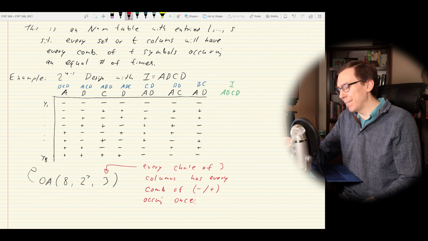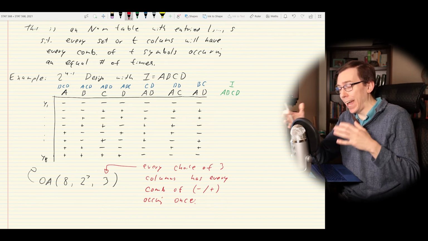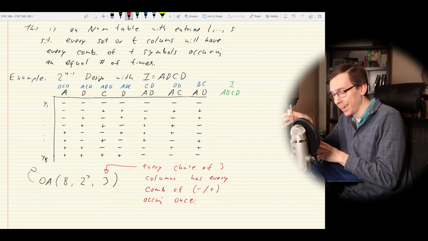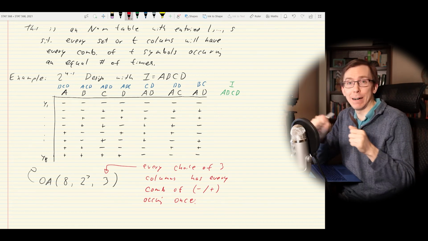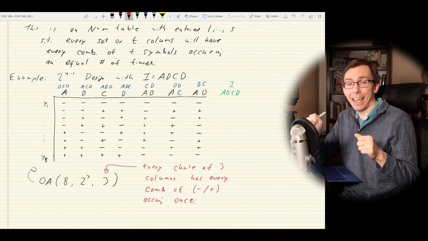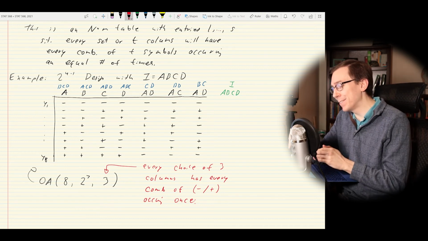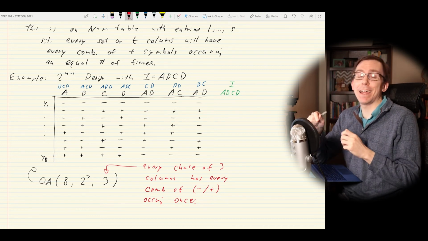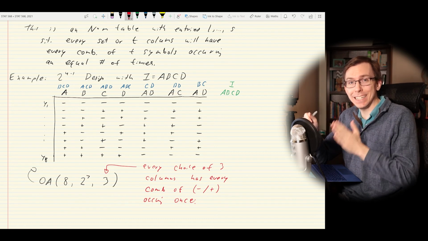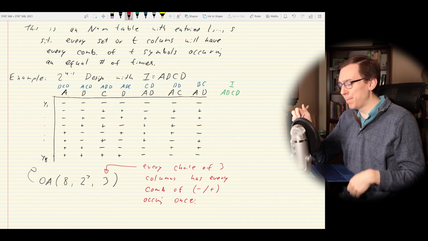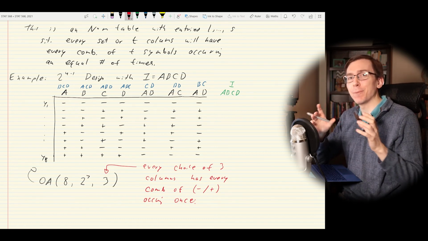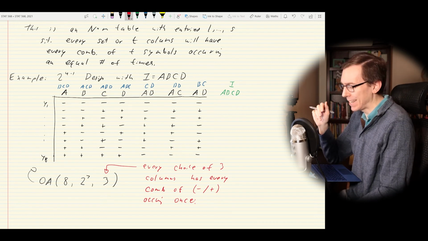It means that if I want to look at factor A, B, and C, or B, C, and D, or any 3 choices here, every possible combination will be tested. What we don't have is that for 4, we don't have every possible combination of A, B, C, and D being tested, but for any 3 of those, we have every possible combination being tested, right?